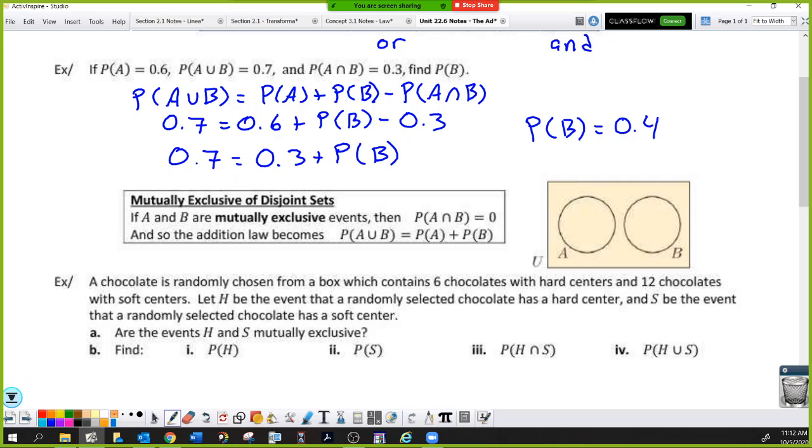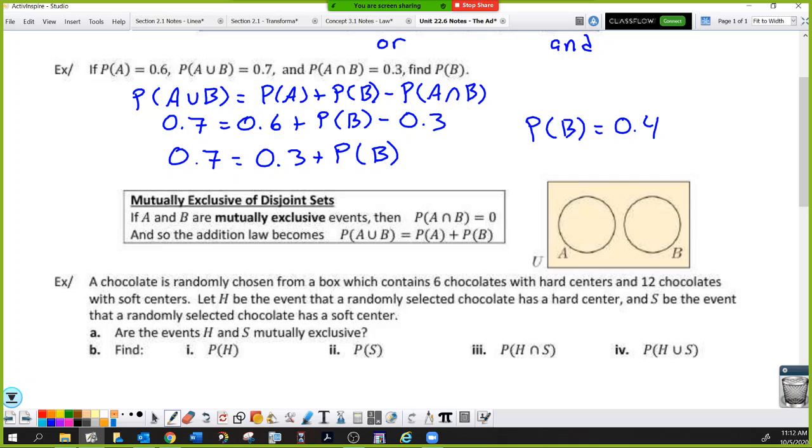Now we've already kind of hit on this topic before, when we were doing our sets and Venn diagrams notes. But when you have a system where A and B do not overlap, we say that those are disjoint or mutually exclusive. Now that we have the addition law of probability, we can ask what that means as far as the equation is concerned. Well, think about it. If they don't overlap, then the probability of the intersection is 0, right?